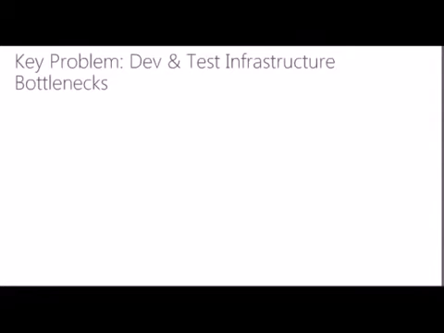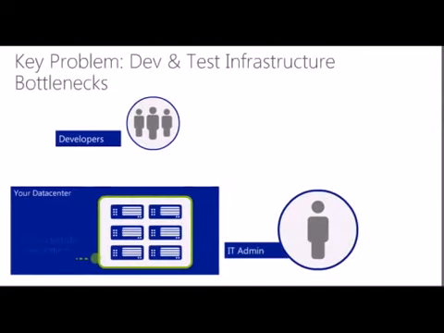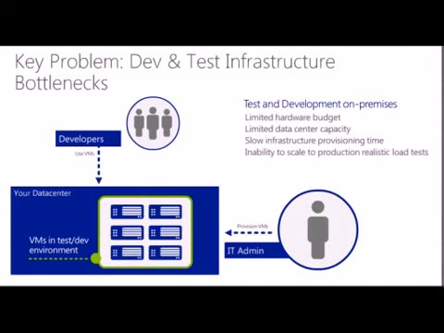And probably it's best to take a look at the key problems that people have in development and testing on their infrastructure. When you think of this on premises, we're finding a lot of customers use virtual machines, and they work with their IT departments to provision those virtual machines into a dev and test environment locally. And this has a few problems potentially.